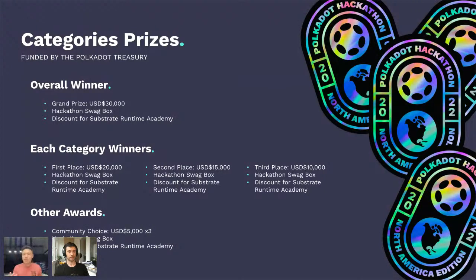You have the opportunity to tell us which project or idea resonates best with you, and it could really be something that could flourish within the Polkadot ecosystem eventually, be it within the ecosystem teams or even within Polkadot itself. There will be three public choice winners, which we call the community choice, each team walking away with $5,000, and the rest of the items are pretty much the same as the rest.